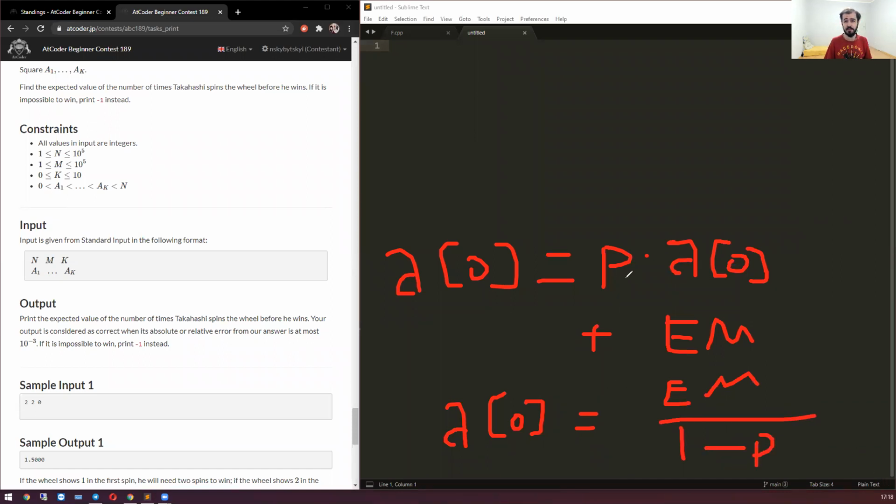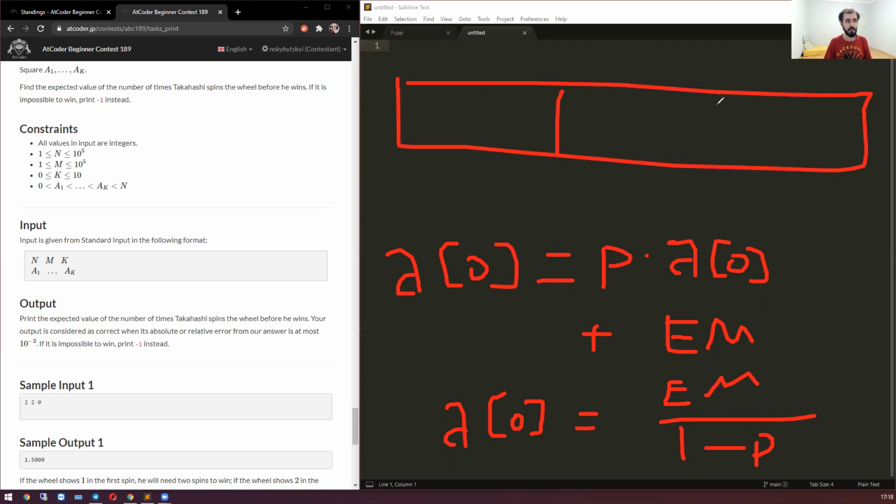With several exceptions: you have to be careful when the answer is -1, when it's impossible to reach. It's only impossible to reach when you have m blocked cells in strict succession. Because if every m cells have at least one free cell, then you can jump there with some luck, right?